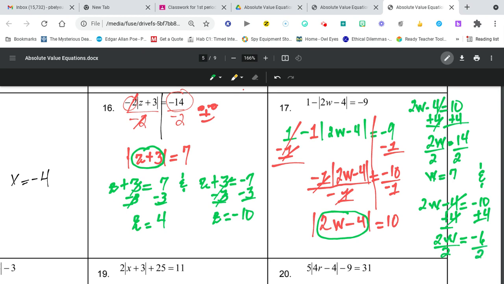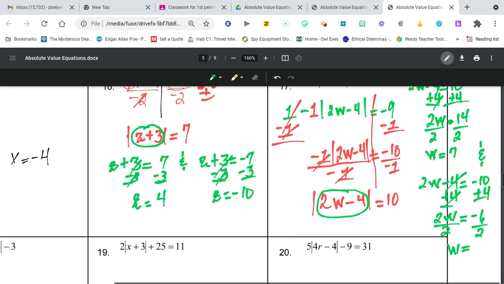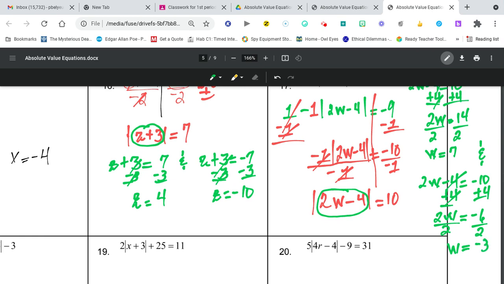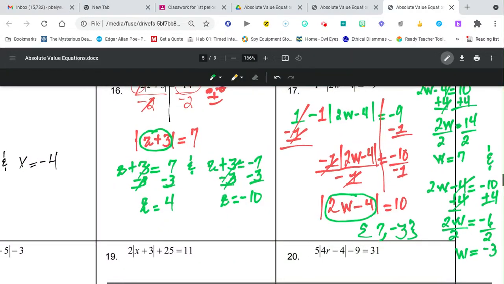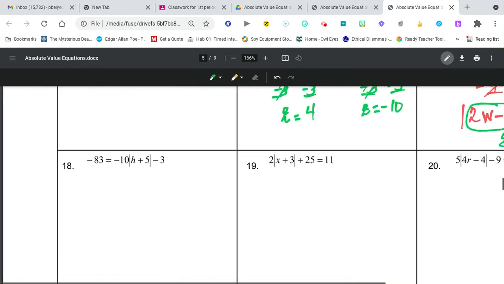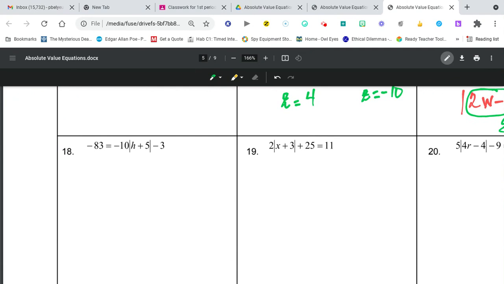Divide both sides by 2, and we have w equal to negative 3. So the two answers here were 7 and negative 3. Remember, just get rid of the stuff on the outside first before you do the positive and negative version.